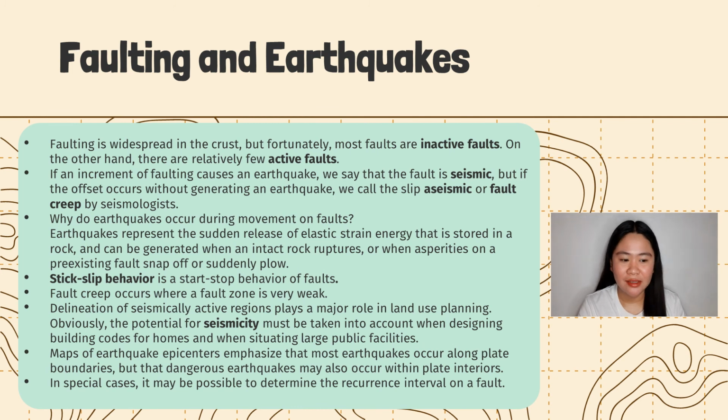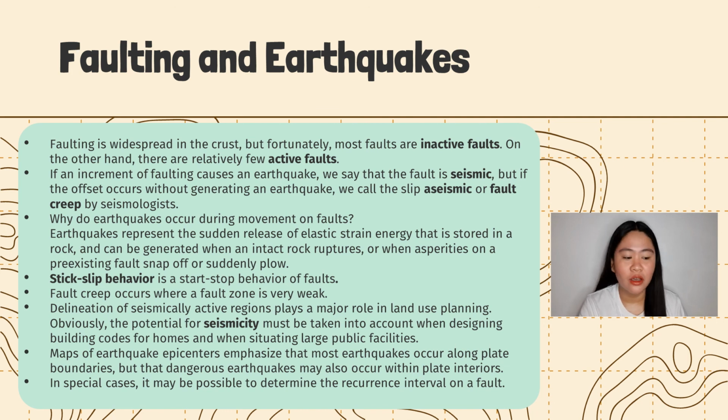Faulting and earthquakes. Faulting is widespread in the crust, but fortunately, most faults are inactive faults, meaning that they haven't slipped in a long time and are probably permanently stuck. But there are relatively few faults that are active faults, meaning they have slipped recently or have the potential to slip in the near future.